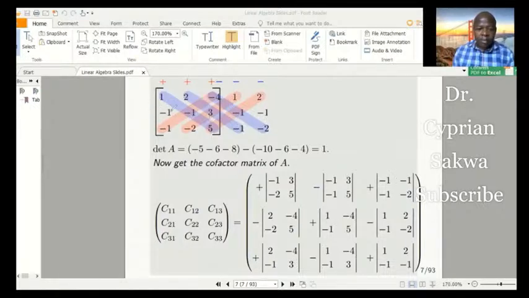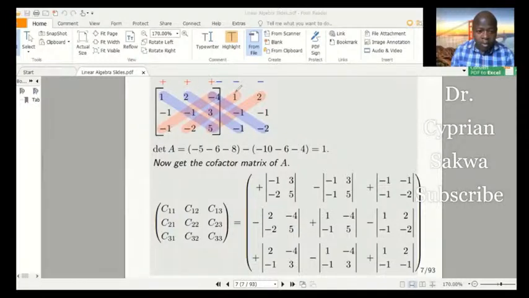Now I come to this element, delete its row, and delete its column. So I'm left with 2, -4, -2, 5, and the sign is negative. Remember that the signs are alternating. Now let's come to the element in row 2, column 2.